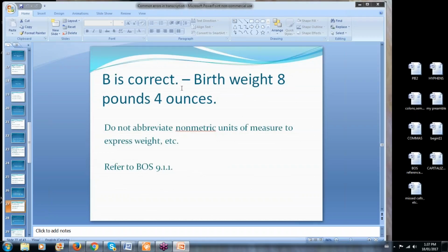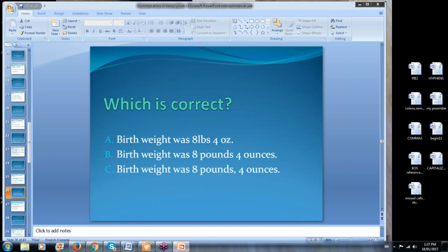B is the correct one. Birth weight 8 pounds 4 ounces. Do not abbreviate non-metric units of measure to express weight and so on. You can refer to BOSS 9.1.1, and you never put a comma between them either.